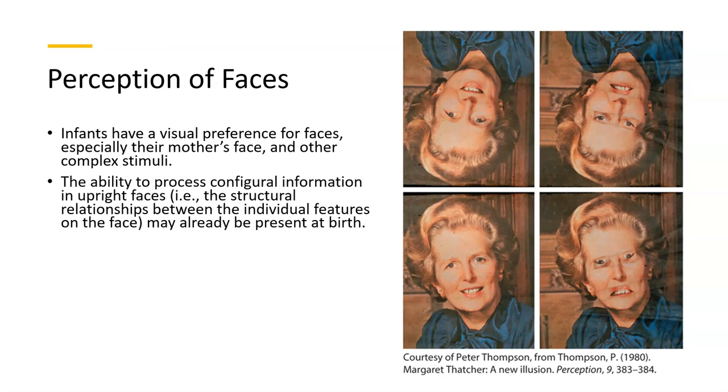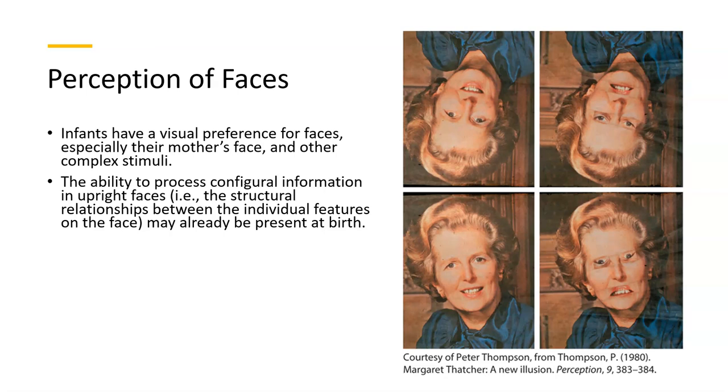The ability to make sense of the configuration of upright faces, so, the relationship between the parts of the features. So two eyes spaced relatively close together, separated by a nose, with a mouth underneath it.